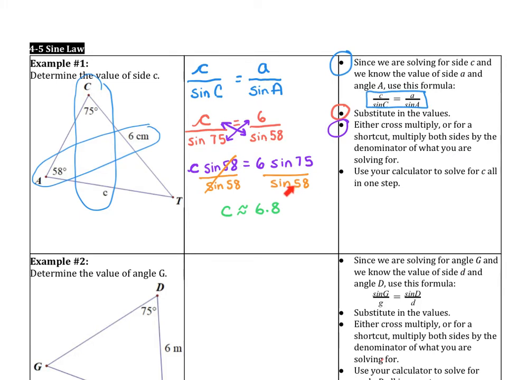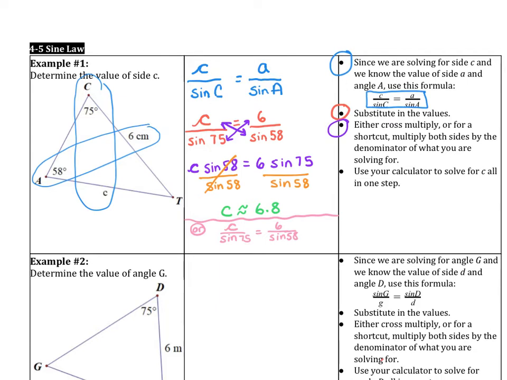So something else that you can do to make your life a little bit easier is when you have C over sine 75 equals 6 over sine 58. Instead of doing a full cross multiply, you can do what we call a half cross multiply.